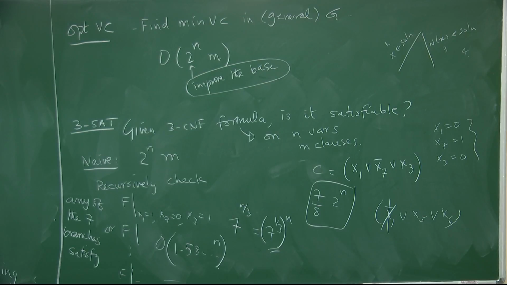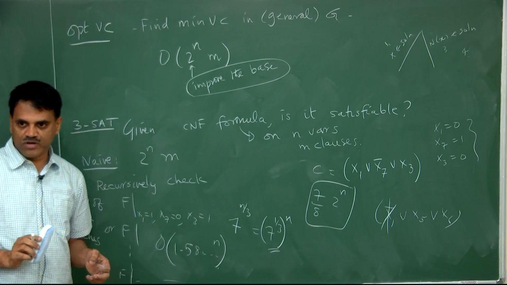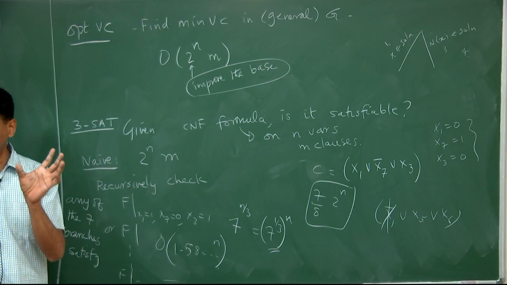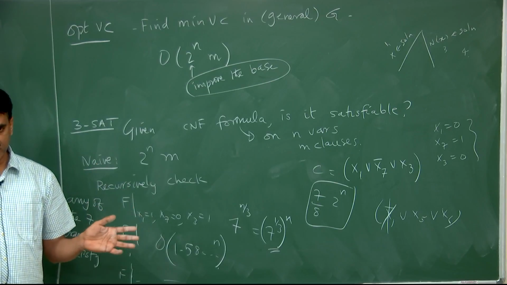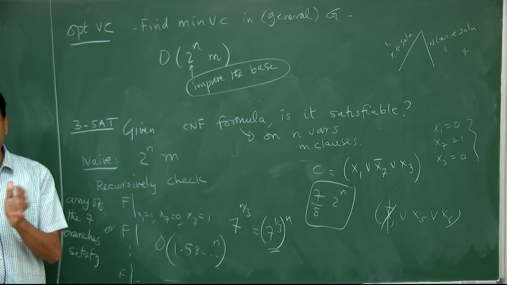But interestingly, if I remove this 3 CNF restriction and say it's an arbitrary CNF formula, there's no bound on the length of the clauses, then we know nothing better than 2 power n. We don't even know a 1.9999 power n algorithm.